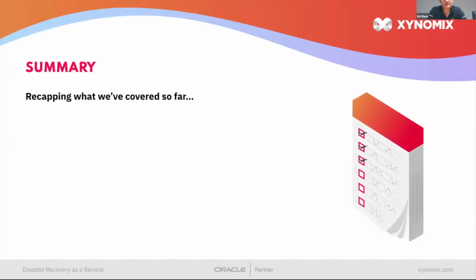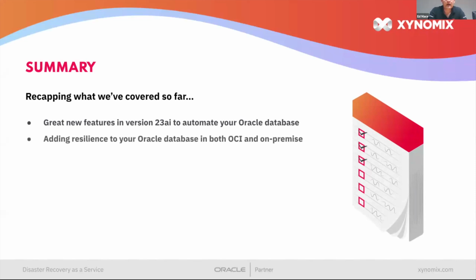So just to summarize and recap, obviously what we've been through, there's some phenomenally good, great 23 AI features and functionality to add automation, to add security, to add all sorts of additional bits and pieces into the Oracle database infrastructure. We've also obviously seen the resilience piece for both OCI, Oracle Cloud Infrastructure, and on-prem.